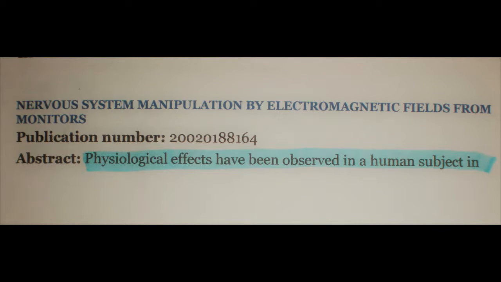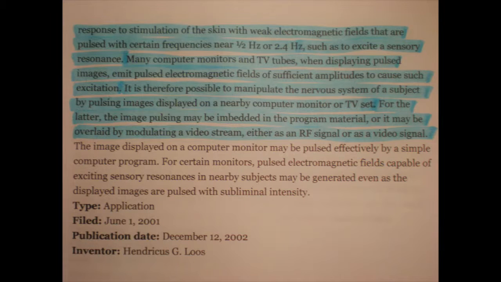Nervous system manipulation by electromagnetic fields from monitors. Physiological effects have been observed in a human subject in response to stimulation of the skin with weak electromagnetic fields that are pulsed with certain frequencies near a half hertz or 2.4 hertz, such as to excite a sensory resonance.